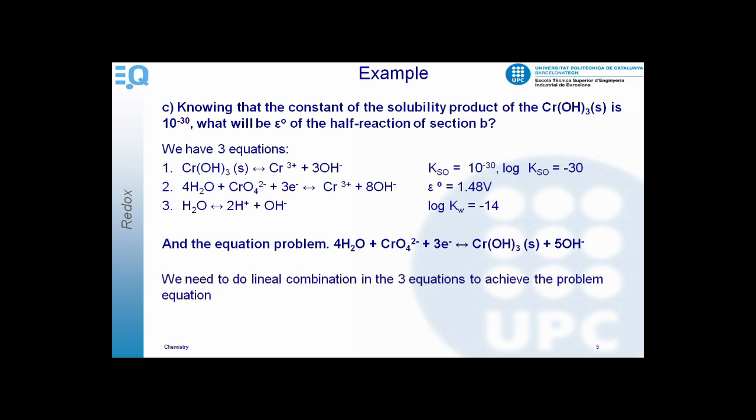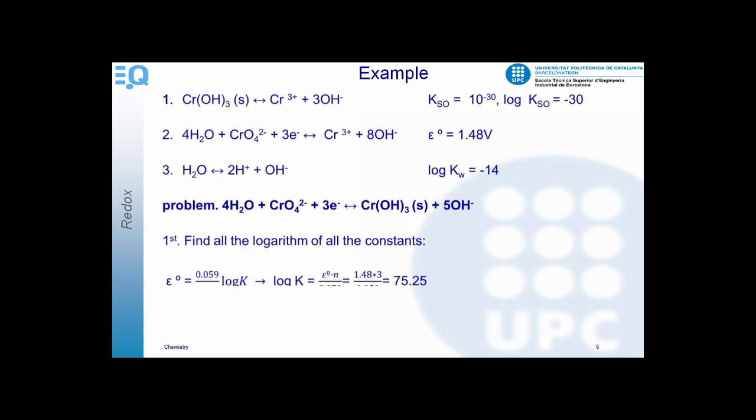Now what do we have to do? We need to calculate all the constant logarithms. To do so, in the second equation, using Nernst's equation in standard conditions, the standard potential is 0.059 divided by the number of electrons exchanged multiplied by the logarithm of the constant.